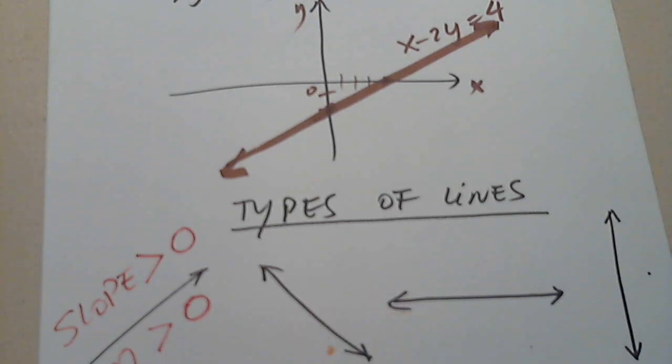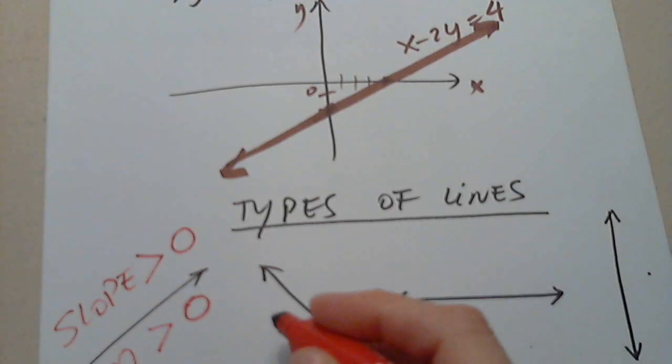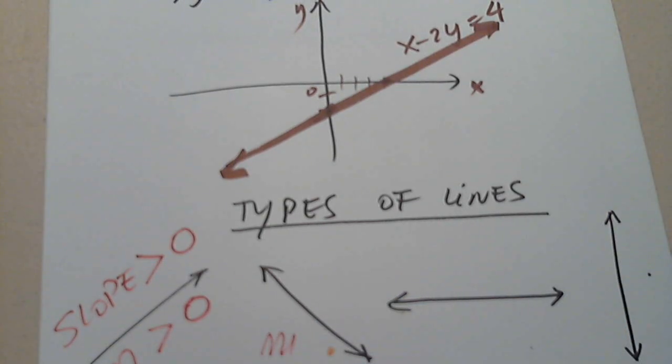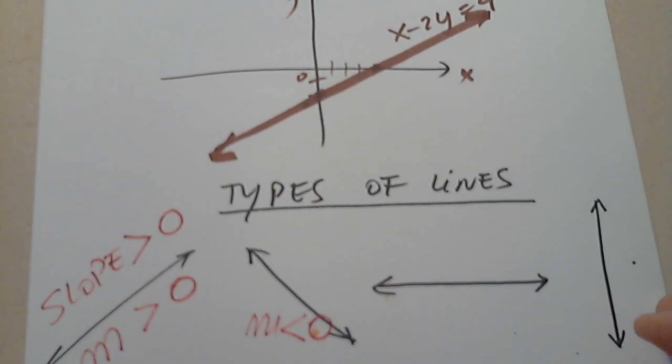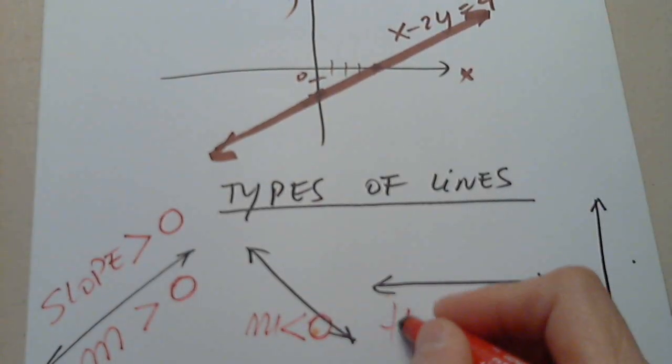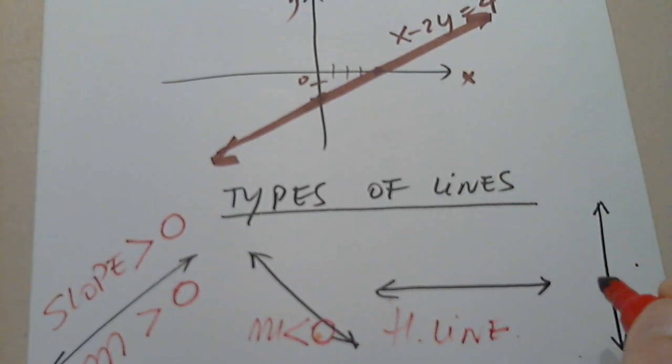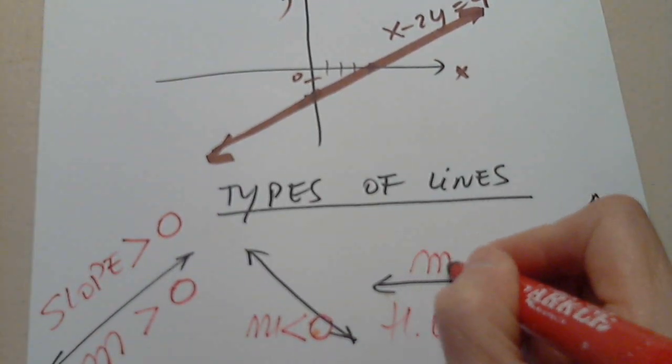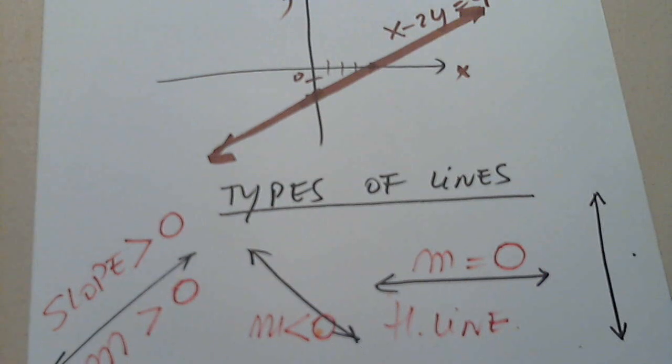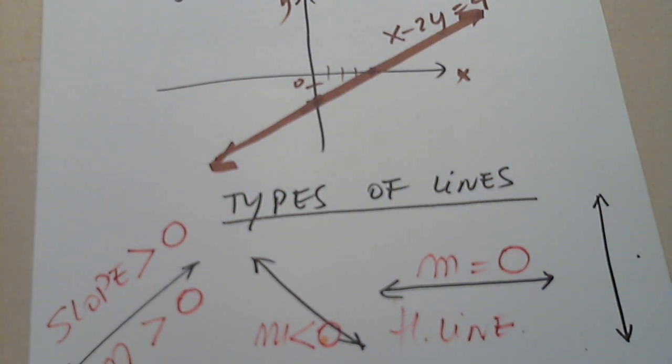Can you guess the slope on the second one? Decrease. Yes, so it's negative. This is a horizontal line. We know that. The horizontal line has slope, which is absolutely 0. It's the only one that has slope 0.